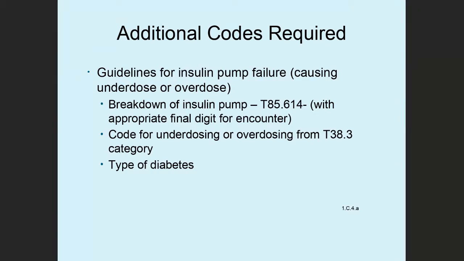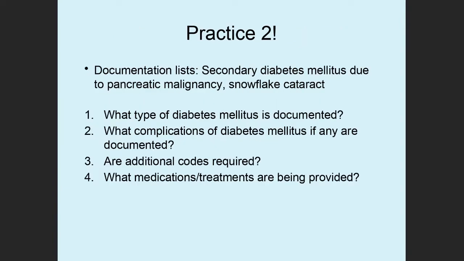So this is coded, and again, there are specific guidelines for this. Breakdown of insulin pump, T85.614, with the final digit for whatever encounter this is, and a code for underdosing or overdosing from the T38.3 category. And then you want the type of diabetes, E08, E11, or E13.